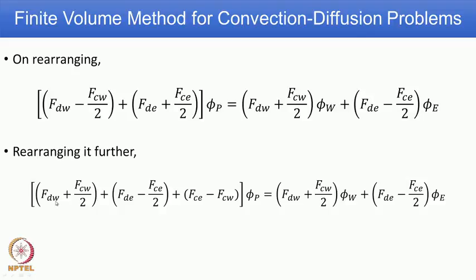So, this is F_Dw plus F_Cw by 2, that is one term on the left side which is the same as the coefficient term for phi at W. Similarly, the second term on the right side, which is written as the coefficient for phi at the east node, F_De minus F_Ce by 2, again you are able to observe this coefficient appears as one of the terms in the coefficient for phi_P as shown here.